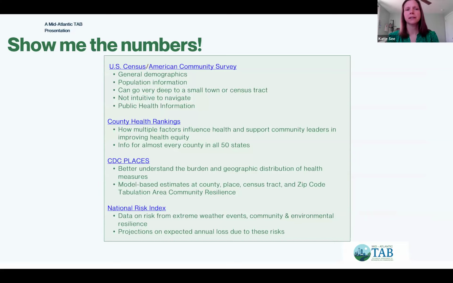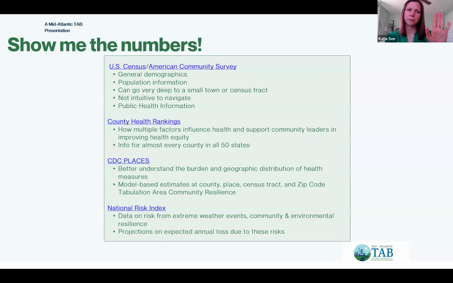So some examples of data that you can pull from include the U.S. Census, and that's going to give you some demographic population information, and public health information, because within the grant application you have the opportunity to talk about some public health struggles that may be unique for the area. Is there a higher concentration of cancer or heart issues? That's where you can find information to build that case. Community Health Rankings.